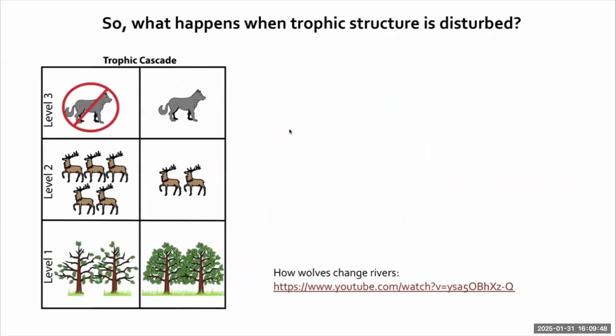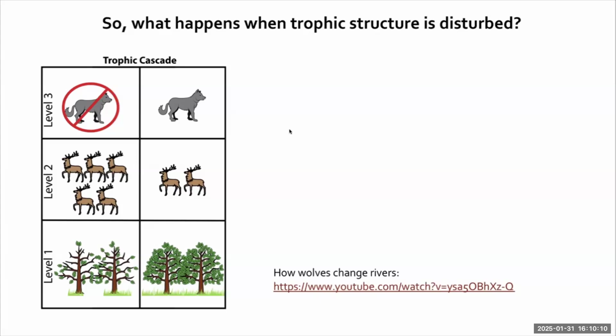The last thing I want to address is what happens when trophic structure is disturbed. And you have this link here. I'm also going to post it on Canvas as a discussion, but this is a really interesting example of how important trophic balance is, how important it is that these feeding relationships are held in balance.